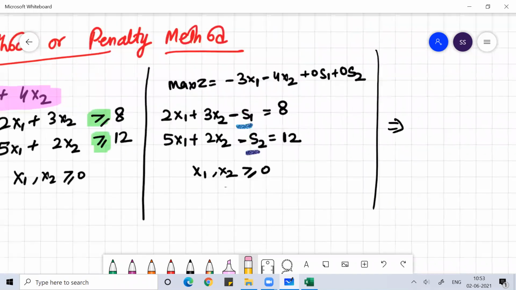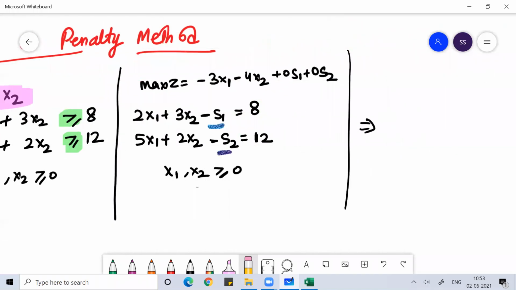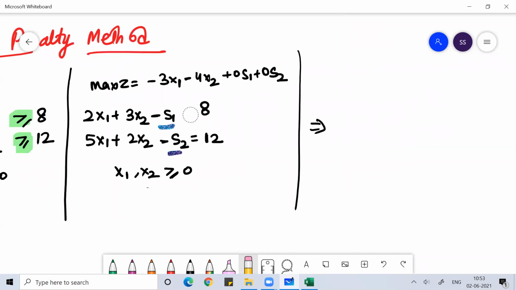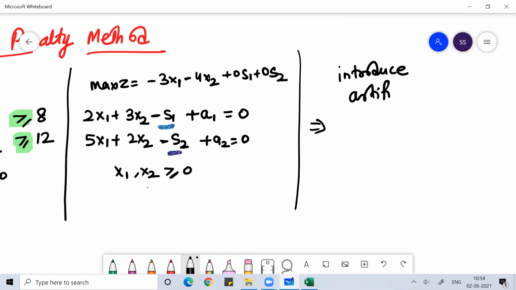Whenever you have this scenario, where you cannot solve the problem with the negative slack variable but you need to find the solution, what we do is introduce an additional variable called an artificial variable wherever you have a negative slack variable.